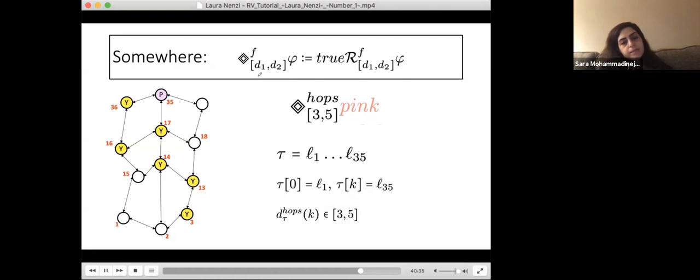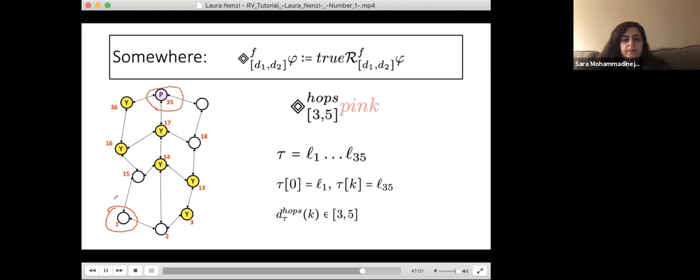So let's see this directly with an example. Somewhere pink at the distance between 3 and 5, considering the hop function, is satisfied, for example, by the element L1, because there is a location, L35, that satisfies the pink property and is at a distance between 3 and 5.